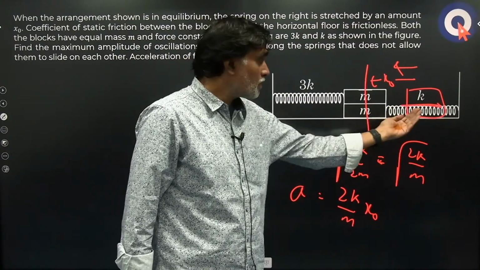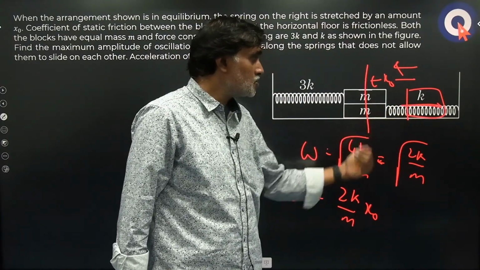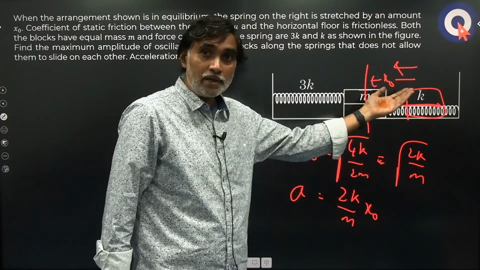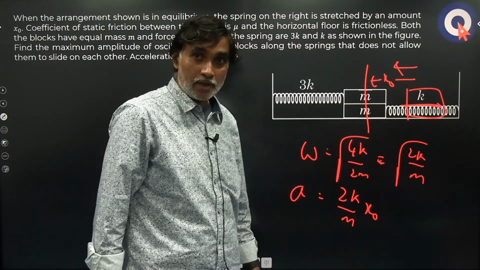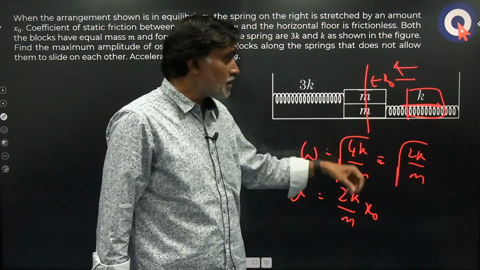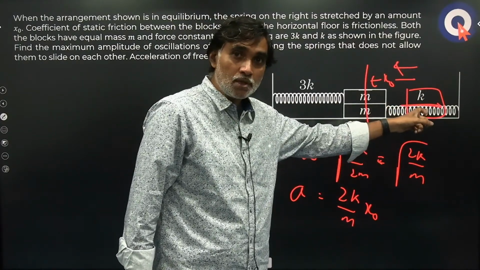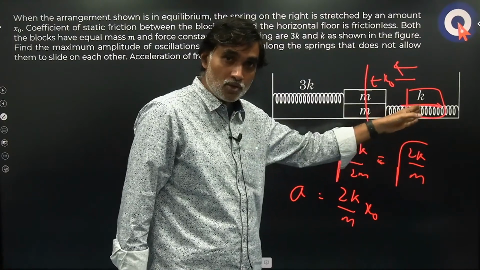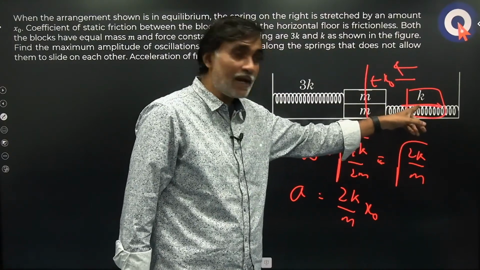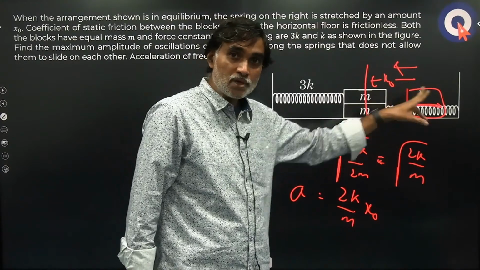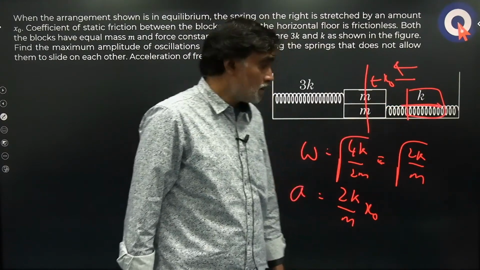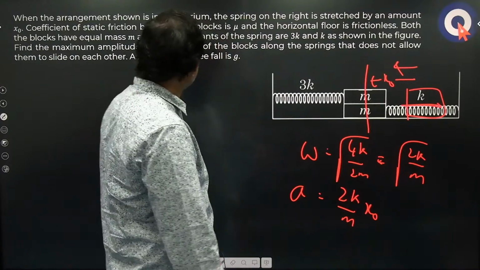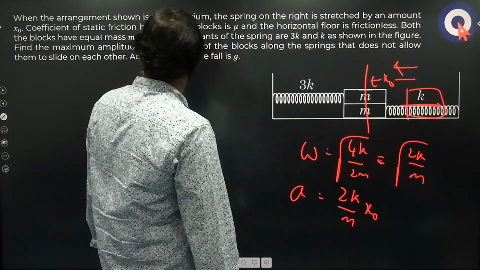Okay. On the lower block, the spring force towards left is only kx naught. On the upper block it is 3kx naught. Okay. So if they have to oscillate together, the frictional force between these two blocks should provide the extra acceleration for the lower block. So frictional force between these two blocks will act towards left on the lower block and towards right on the upper block. And what is the minimum coefficient of friction, if they ask, so that they oscillate?